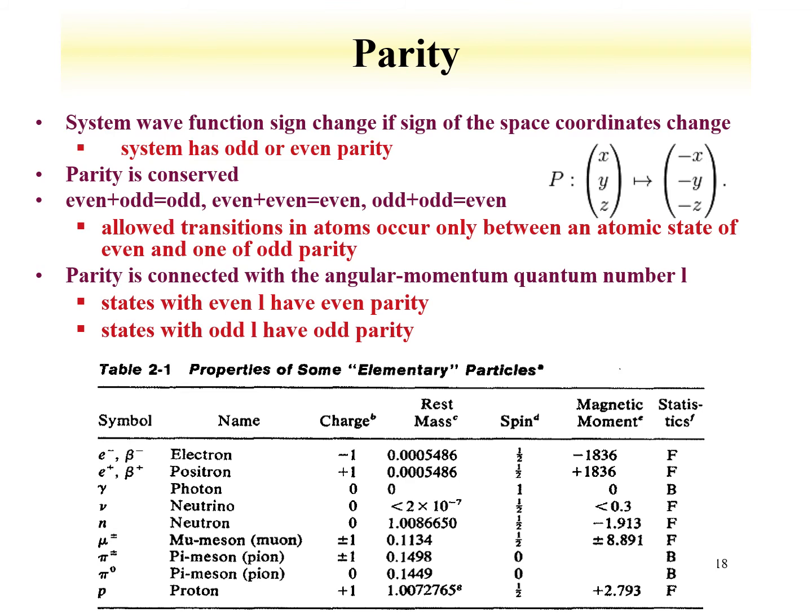That is something called positive or negative parity. You can think of parity as another term to describe the behavior of the quantum mechanical state of the system that you're exploring. Parity has to be conserved, so there are certain trends: even and odd go to odd, even and even are even, odd and odd go to even.